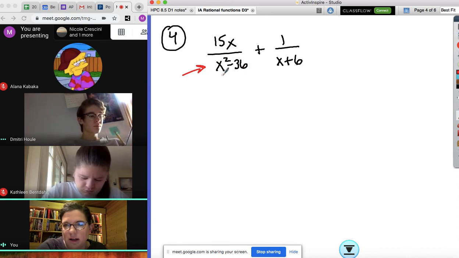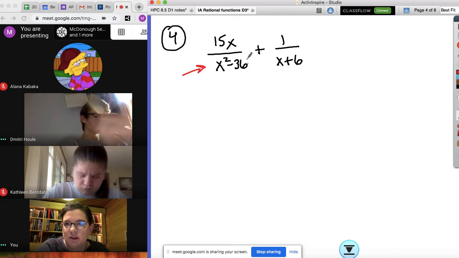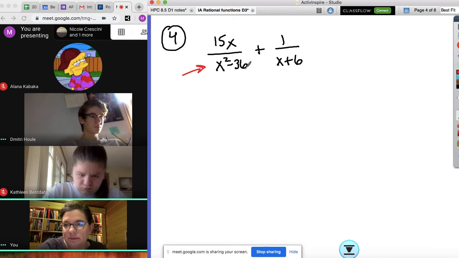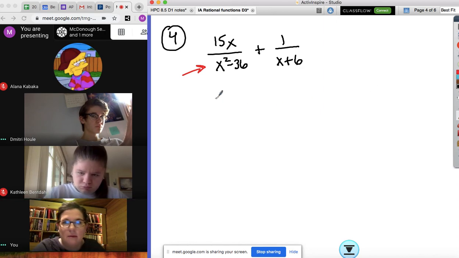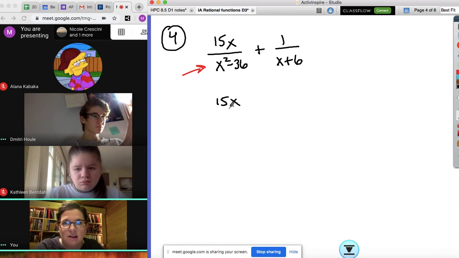It's a quadratic. You have 2 terms with a minus sign. And 36 is a perfect square because the square root of 36 is a nice number, 6. So this is difference of squares. It's going to factor. And when it factors, they'll look identical except one will be a plus and one will be a minus.